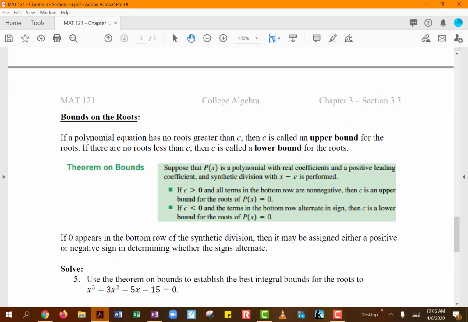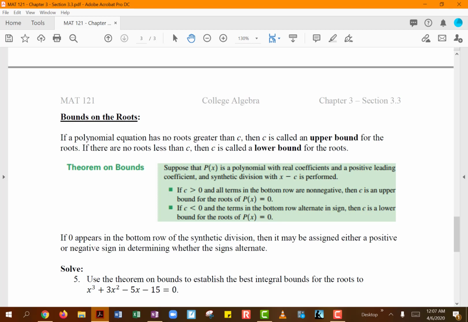So that's going to be one rule which will help us narrow down our options. But the other thing that can also help us narrow down our options is what we call the bounds on our roots, which means that if you can find an upper bound or a lower bound, we would say your value of the roots cannot go beyond the upper bound, or cannot go anything less than the lower bound.